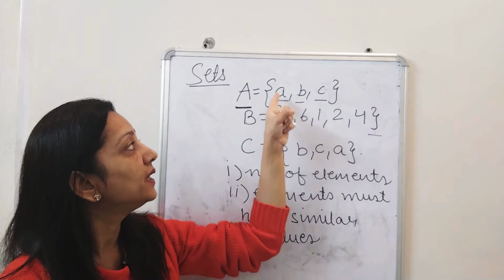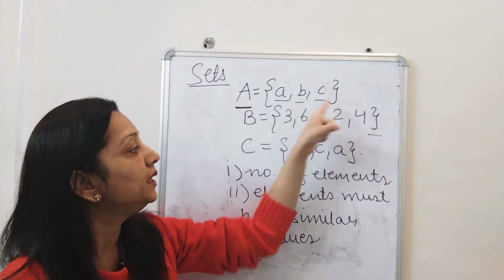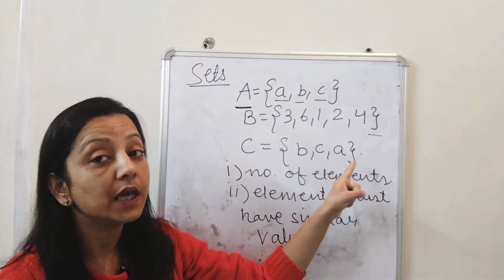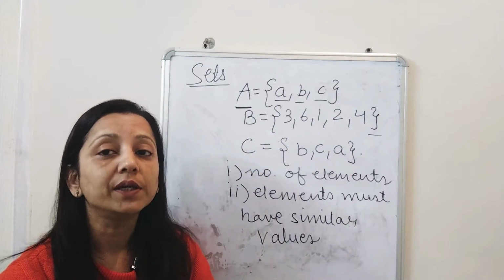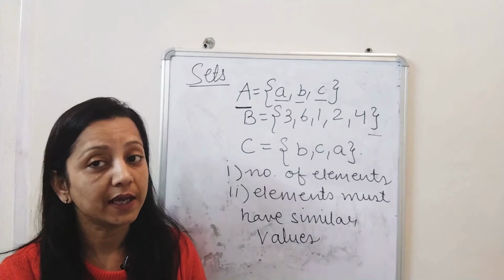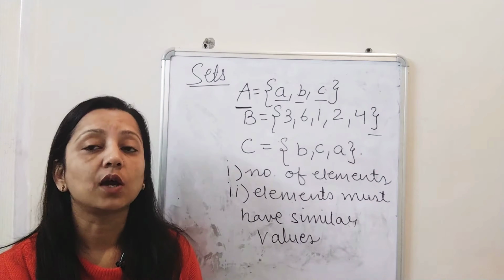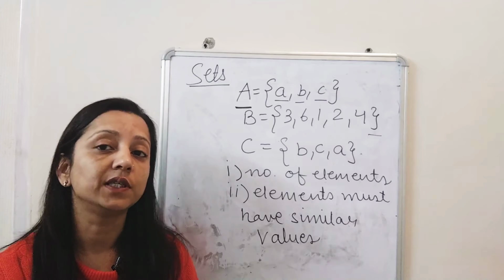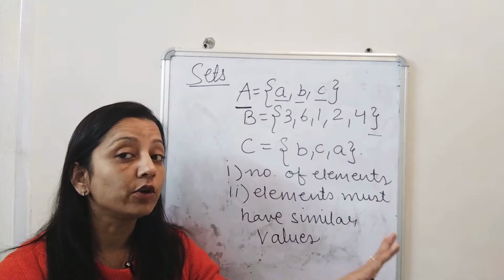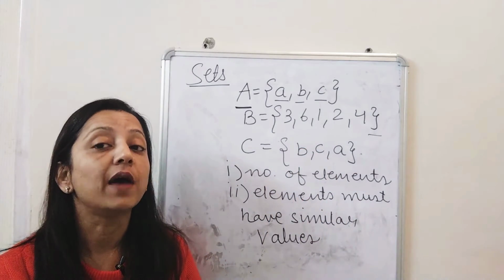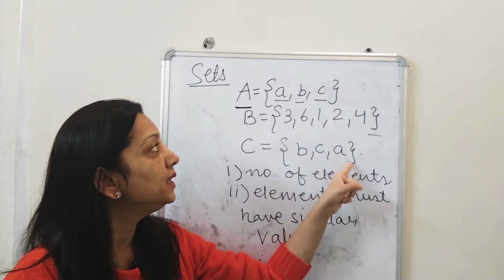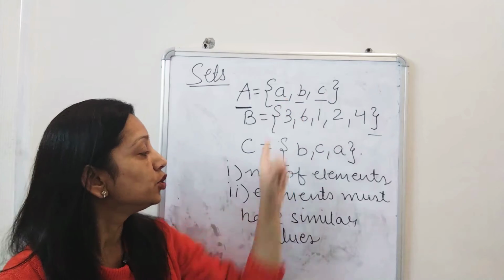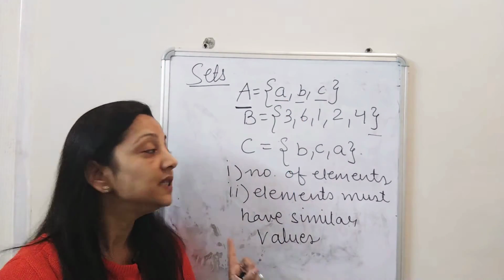Now, here you may say that it is in the order A, B, C and here it is in the order B, C, A. But as I told you in the beginning itself, the order has no relevance in the case of sets. Why? Because sets are called unordered collections of distinct objects. So the order does not matter. What matters is the value of the elements or members. So both the criteria are being satisfied.